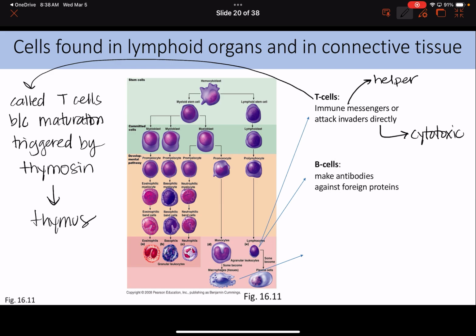Our other lymphocyte, our B cells or B lymphocytes, their job is to make antibodies. And those antibodies will help fight off foreign invaders. The specific ones that make antibodies are called plasma B cells.